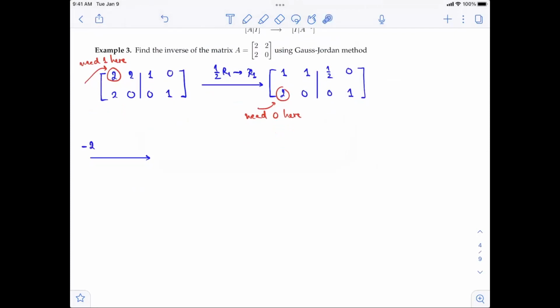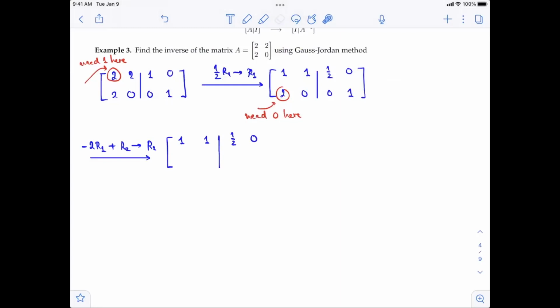Why -2? Because you want to get rid of this +2. So -2 times row 1 plus row 2 creates a new row 2. All right, so you just borrow the first row in this case. You didn't actually make any changes in the first row, so the first row remains the same: 1, 1, 1/2, 0.